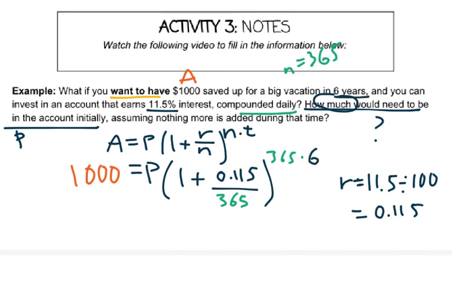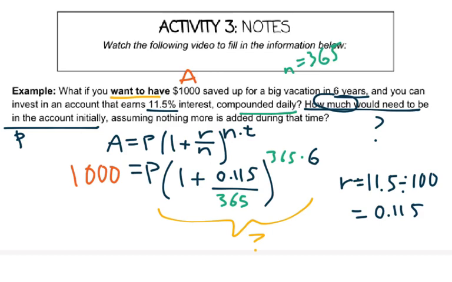All right. Now this looks really complicated, but really all it is, is P times some number equals 1,000. So we need to figure out what this number is. So I'm going to type all of that in the calculator, not the P, because I don't know what P is. So I'm going to do parentheses 1 plus 0.115 divided by 365, close the parentheses, to the power, parentheses, 365 times 6, close the parentheses.